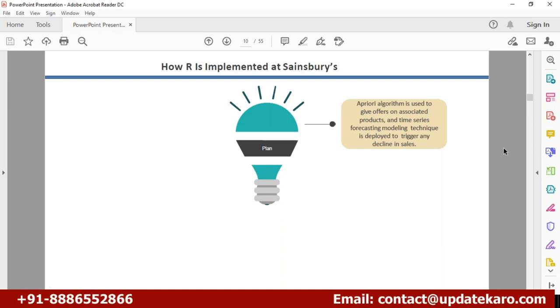Whenever they found that some sales were declining, they started to give some offers on the associated products that were commonly sold. This is a very important thing to learn about the a priori algorithm or association rule.